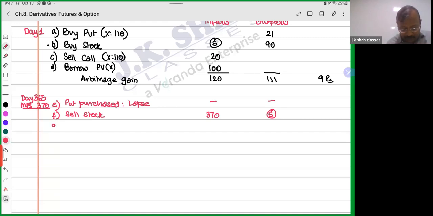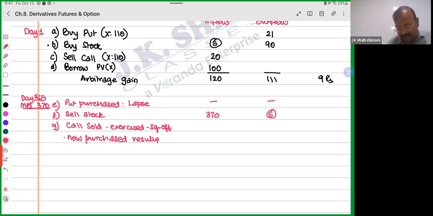So, call sold, exercised, that is squared off, that is now purchased, resulting in purchase हो रहा है ना, तो outflow. क्या भाव पे, what price will it be purchased?